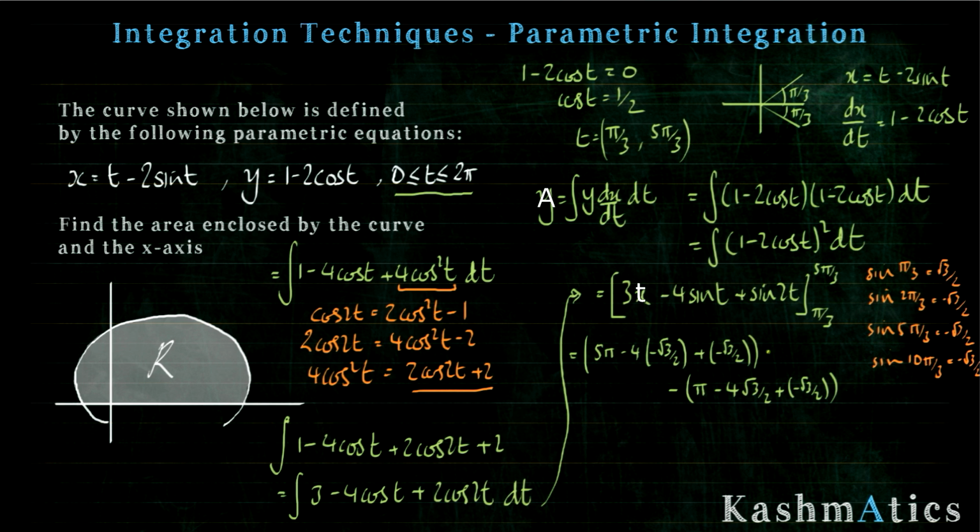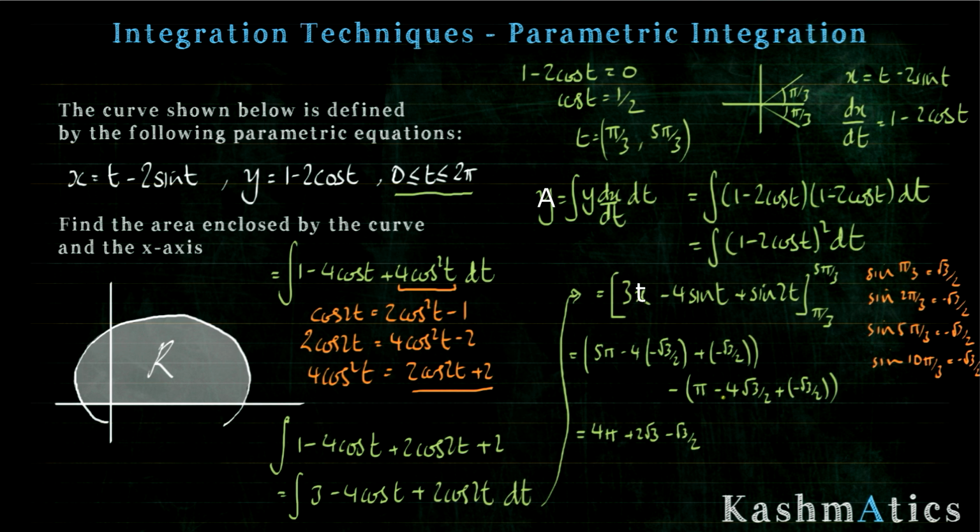Okay, so we just need to tidy all this up into a form which is nice and easy. Okay, so what I'm going to get, I'm going to get 5 pi take away pi, which is going to be 4 pi. I'm just going to tidy these up separately and just take my time with it. So this is going to be 4 root 3 over 2, which is 2 root 3, and it'll be positive. This one is going to be minus root 3 over 2.